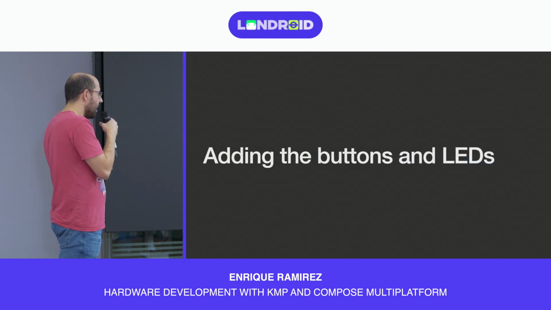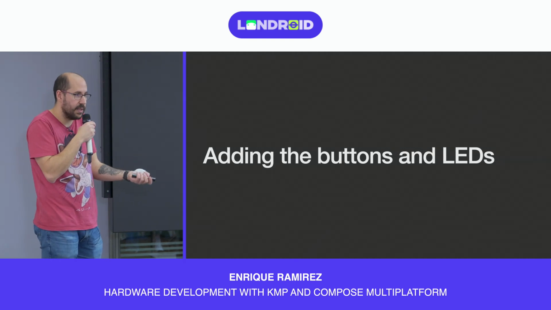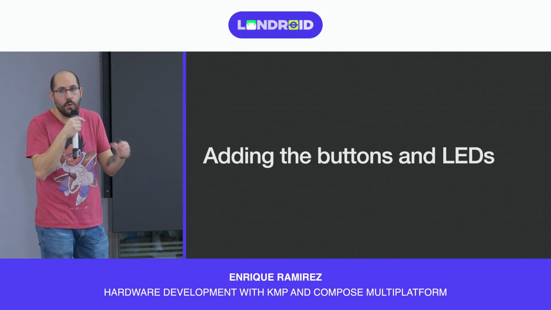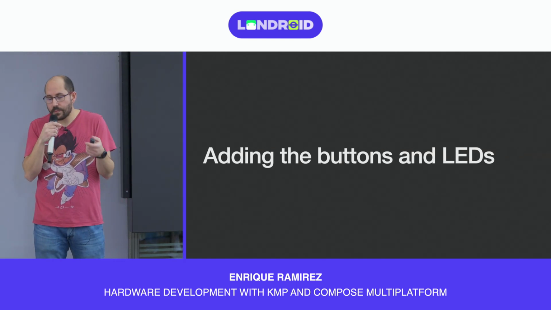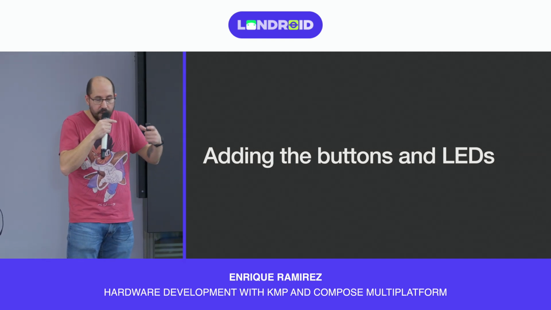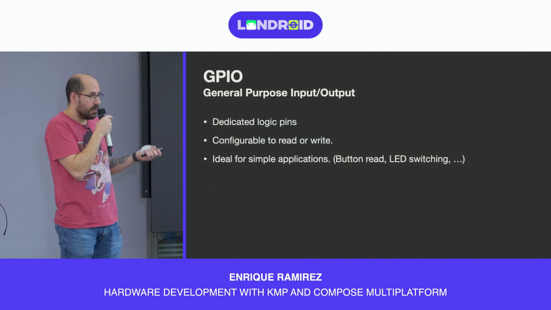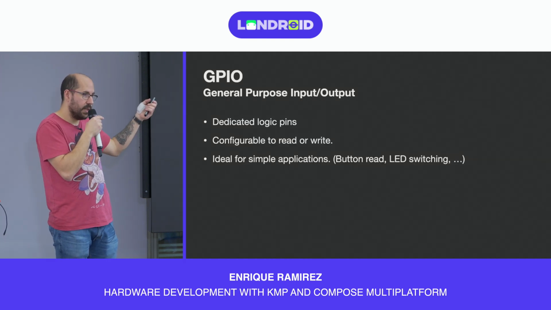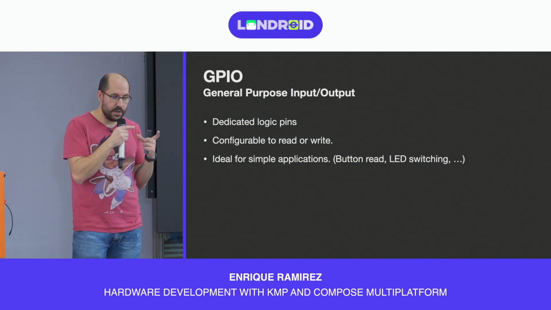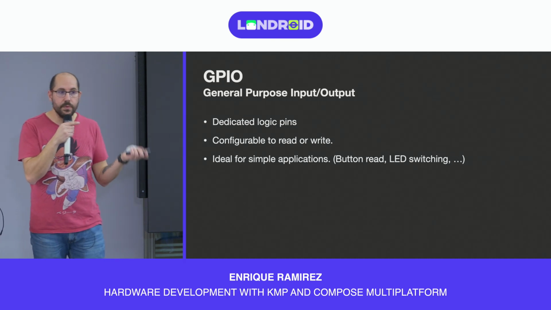So the next thing I did was I was thinking, let's now add the buttons that we mentioned at the beginning. Buttons and LEDs, so we can know which set of pedals, or which preset combination of pedals, is engaged every time. For that, we can use the GPIO that I mentioned before. You can configure the pins on the Raspberry Pi to be inputs or outputs.